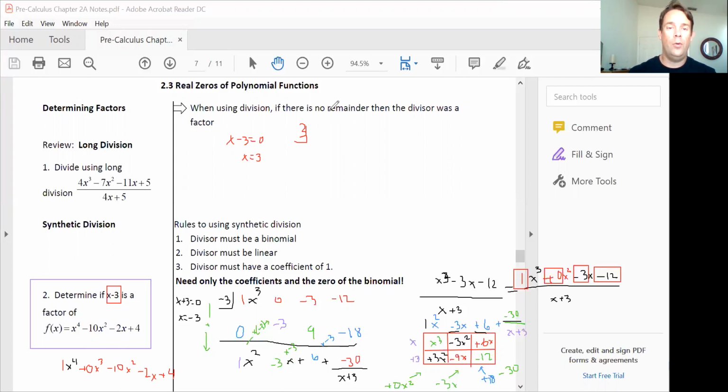So we added our placeholder, and I'm going to take each of these coefficients, 1, positive 0, negative 10, negative 2, positive 4. And those are going to be the numbers that I carry over here to do my synthetic division, to divide.